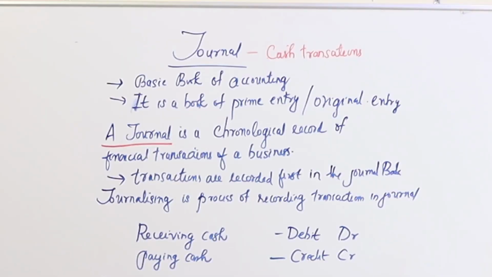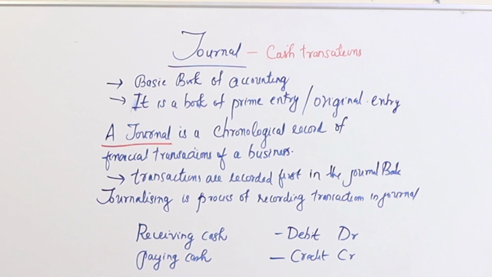So what is journal? A journal is a chronological record of financial transactions of a business. A journal is a book of prime entry or a book of original entry in which transactions are first recorded in a chronological order, in the order or sequence they are entered.